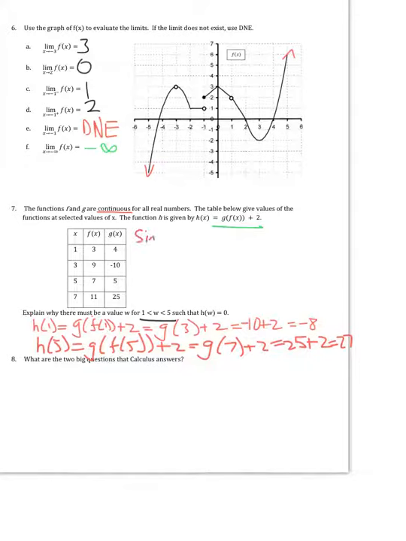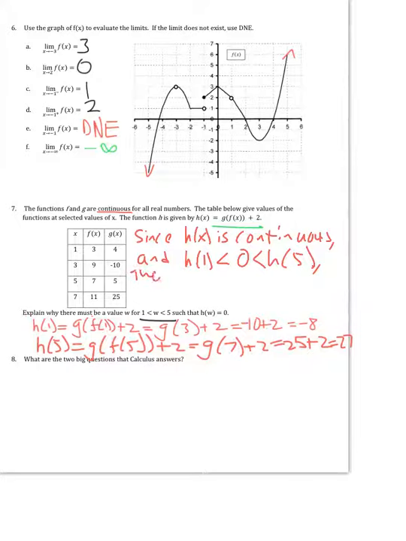We can say, since h of x is continuous, and we can say that it's continuous because f and g are continuous, but you must say that h is continuous, and h of 1 is less than 0 is less than h of 5, then there is an x value, a w, on 1 is less than w is less than 5. So a w between 1 and 5.